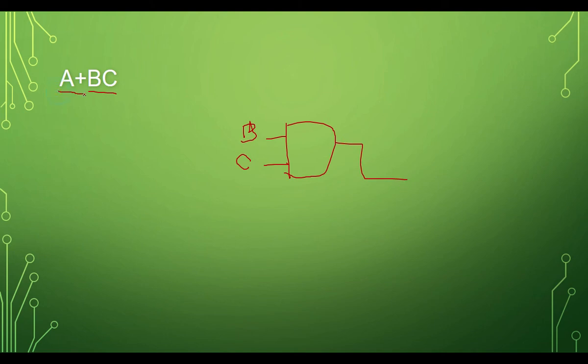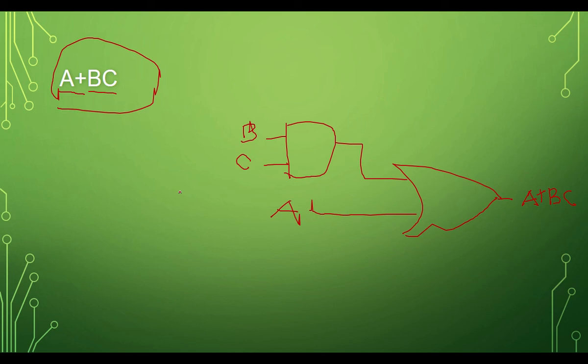This time, let's work on this side. This is an OR gate. OR gate looks like this one. And let's write here A. And of course, the output of this is A plus B and C. Okay, so that's how you draw the logic circuit for this Boolean expression.